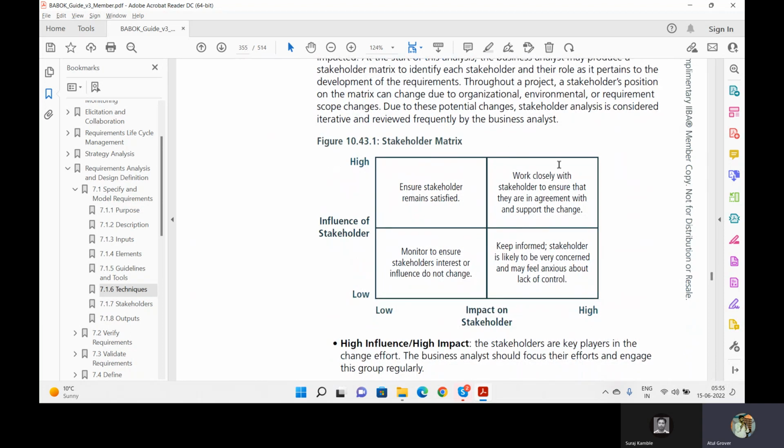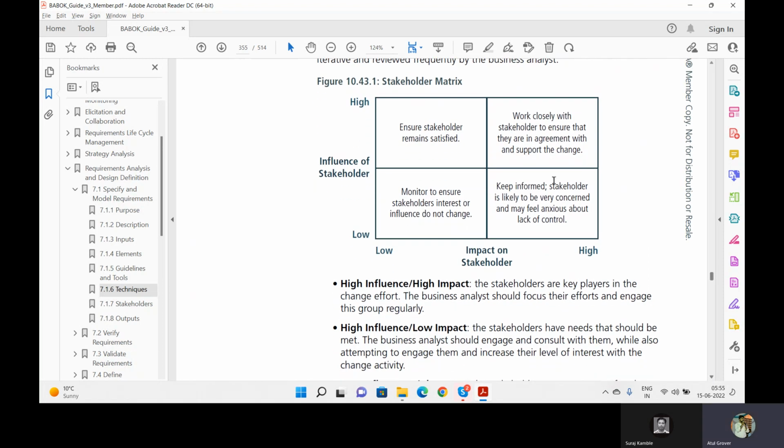It is a matrix: high, low, low, high. Influence of the stakeholder and impact on the stakeholder. This matrix is used very often. Okay. What this says: high influence, high impact. I'm talking about this area. It means those whose influence is very high over you, or over the other stakeholders, and who, due to your requirement, are getting the most impacted. They should come into this area.